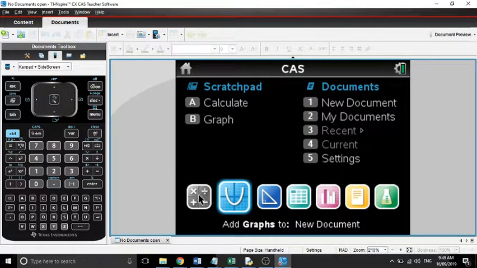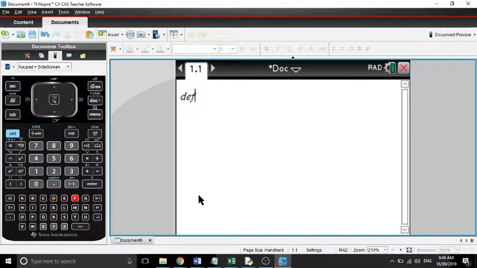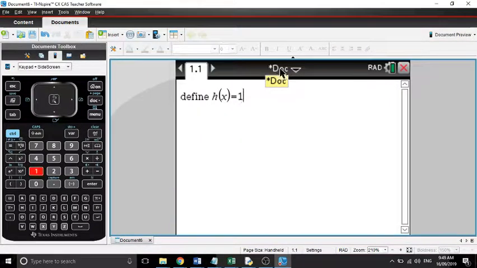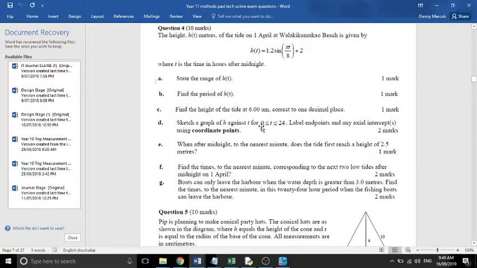Let's close this, we don't need it anymore. New question, new thing. First thing, we'll define h of x equals 1.2 sine open bracket pi times x over 8, close the bracket, plus 2. We're defining that over a domain of 0 to 24 hours.